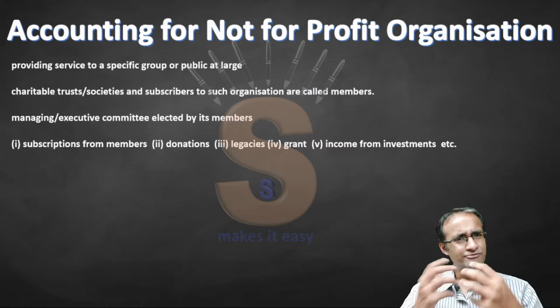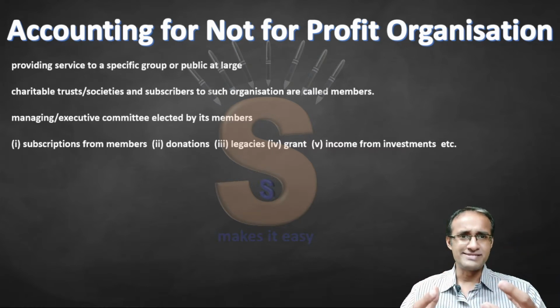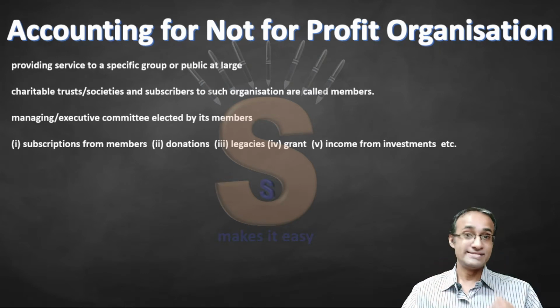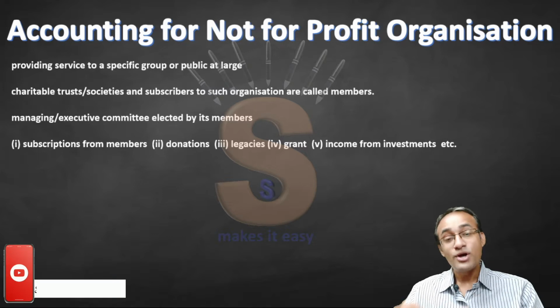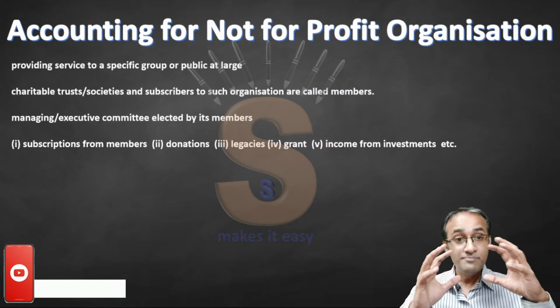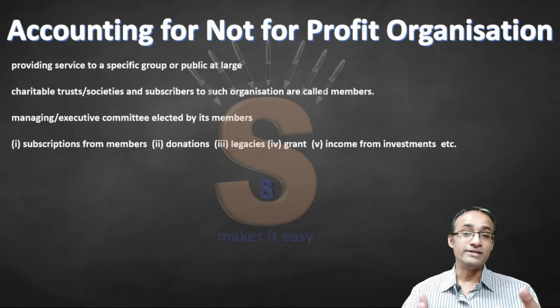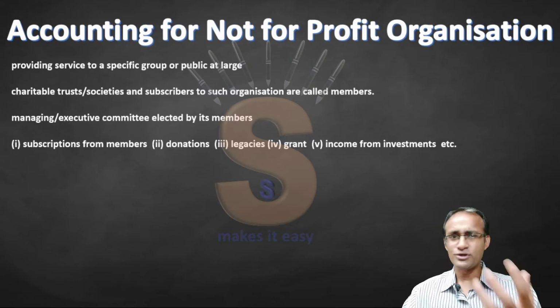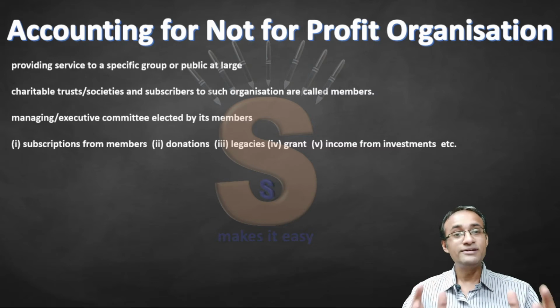They don't have a factory, they don't manufacture biscuits, they don't manufacture electronics. No, they provide service to their own members or to the general public. Okay, they have certain features, they are formed in the form of a charitable trust or societies, and they are run by a managing committee or a trust which is appointed from the entire members through a voting system.